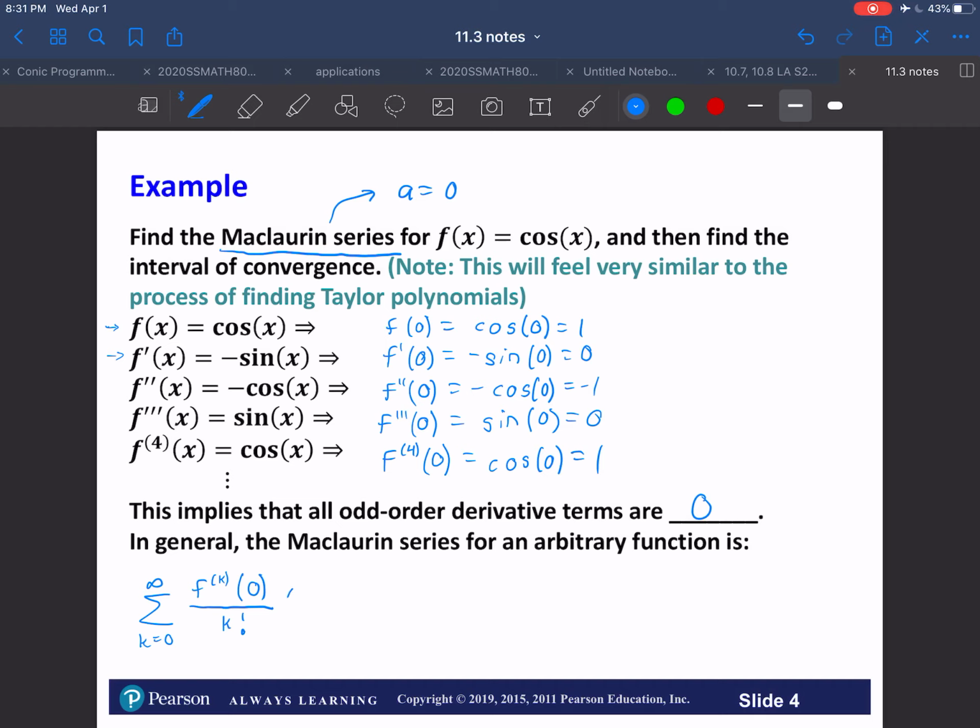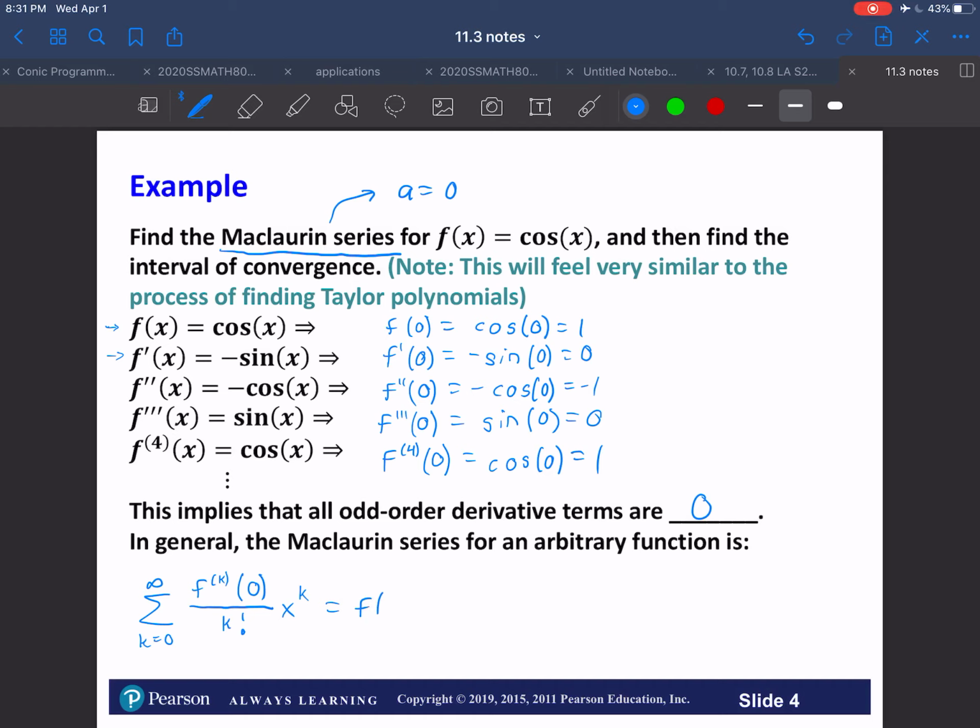Over k factorial times x. Normally we would say x minus a. Since a is 0, we just say x raised to the k power. And we can actually get rid of the parentheses. So let's clean that up a little bit. x to the k.